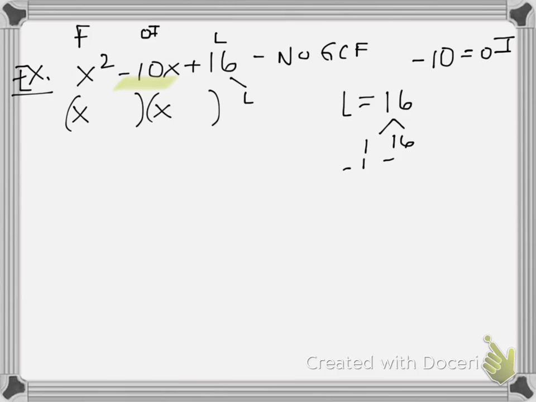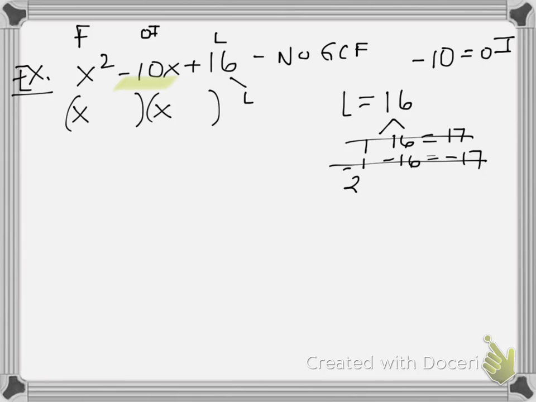So negative 1 and negative 16. So my next step is to add them together. 1 plus 16 is 17. Well, I'm looking for negative 10, so that doesn't work. Negative 1 minus 16 is negative 17. So that doesn't work. So I have to look for another set of factors.